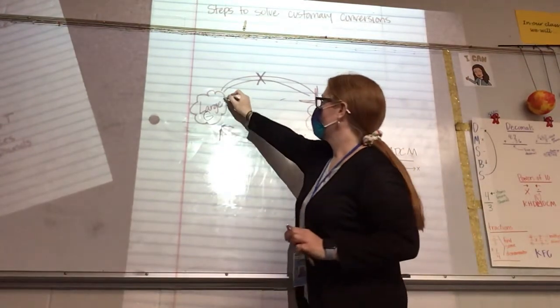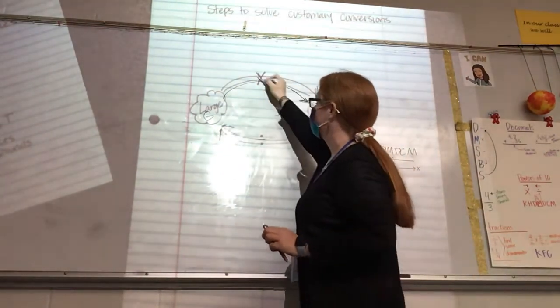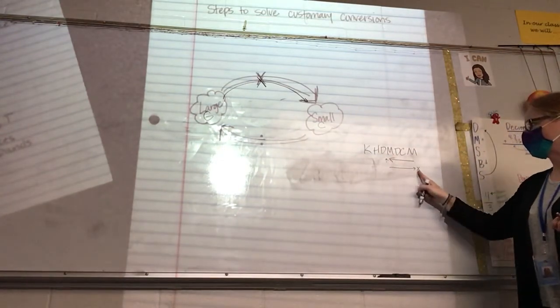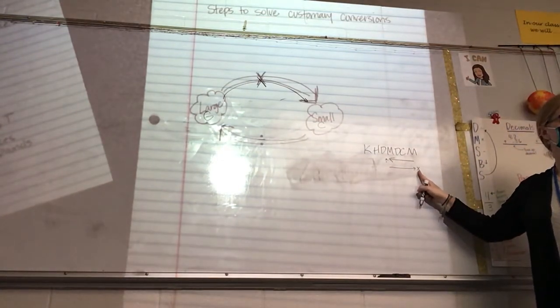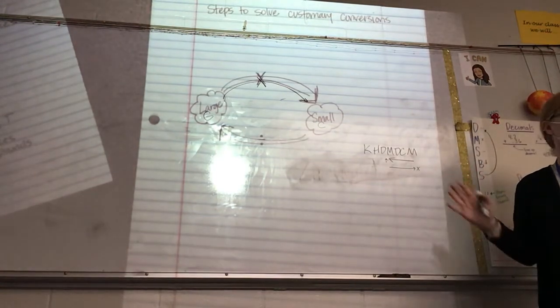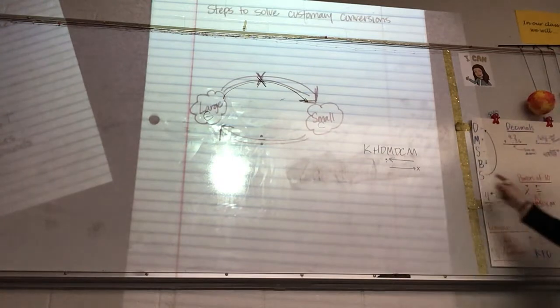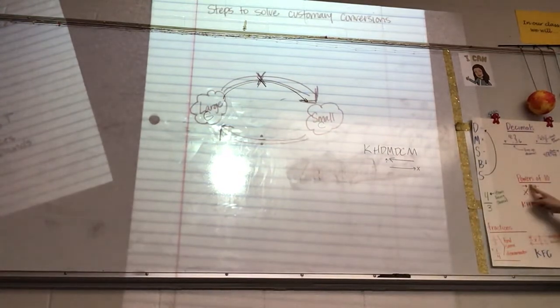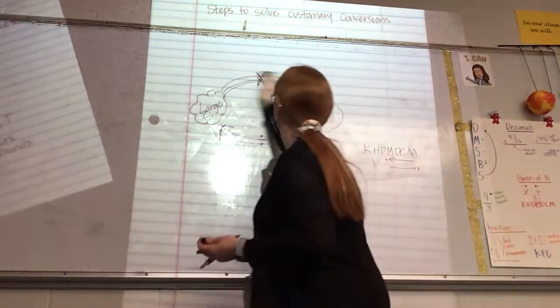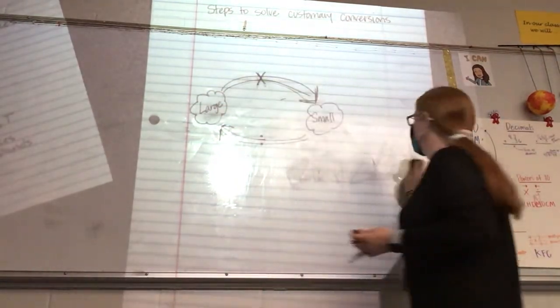I started with large and went to small, which means I multiply. Same thing here. When I start with a large and go down to a small, I multiply. So the good news is this stays the same. We don't have to learn anything different. This right here is still there, okay? But I'm just drawing it into a cloud so we can see.